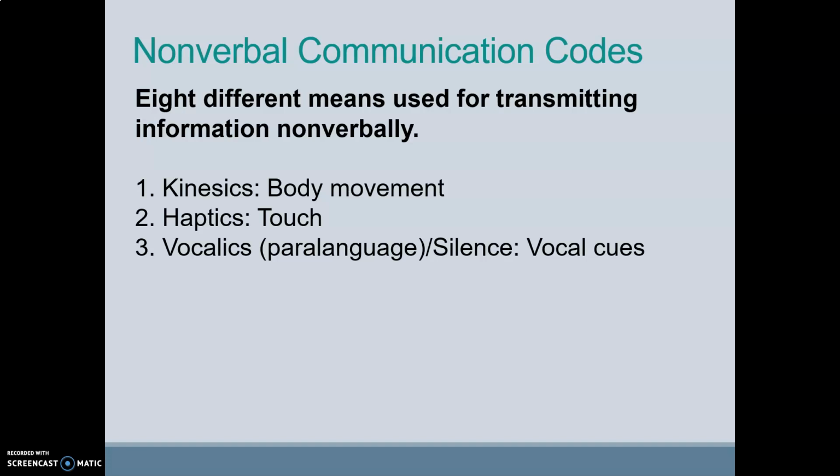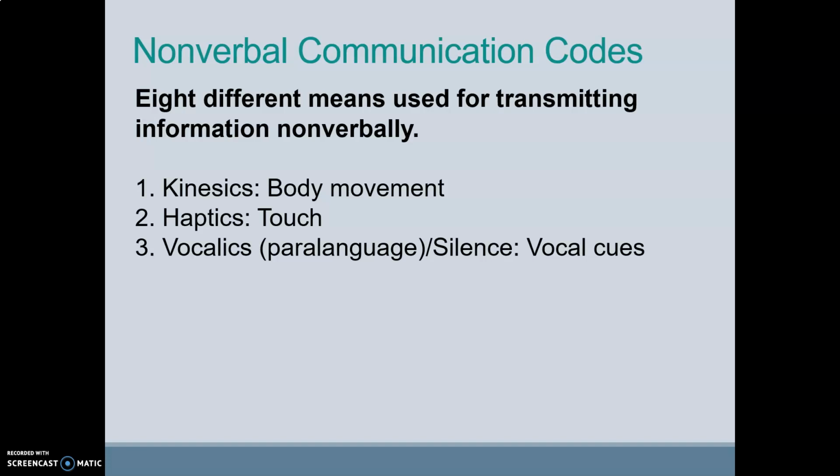So in last class, we talked about the verbal message, that is what we say, the content of our conversation. But vocalics does not refer to what we say, but how we deliver this information, how we convey this message.